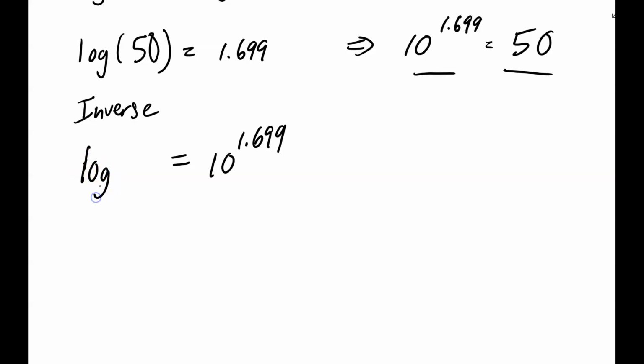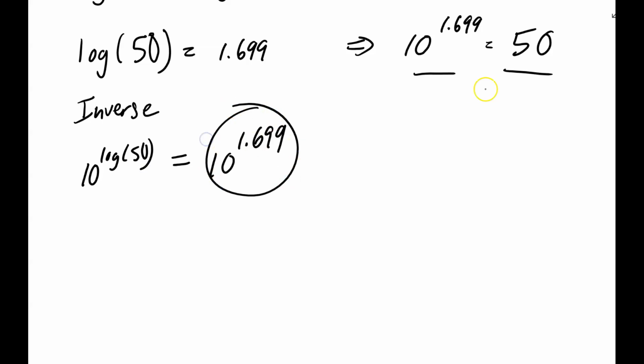Let me go back for a second. So if I raise this number here to base 10, so 10 raised to the power of log 50, right, we know that this is 50. So what this does is it just brings down the original number. And you know, it makes sense, right?